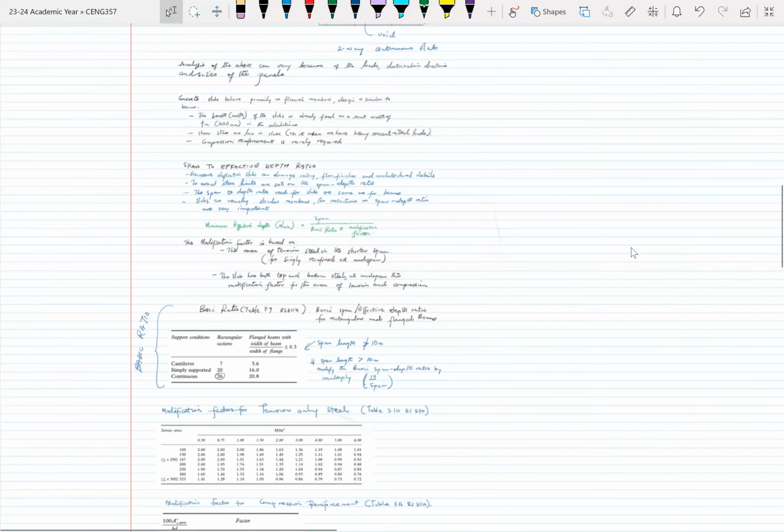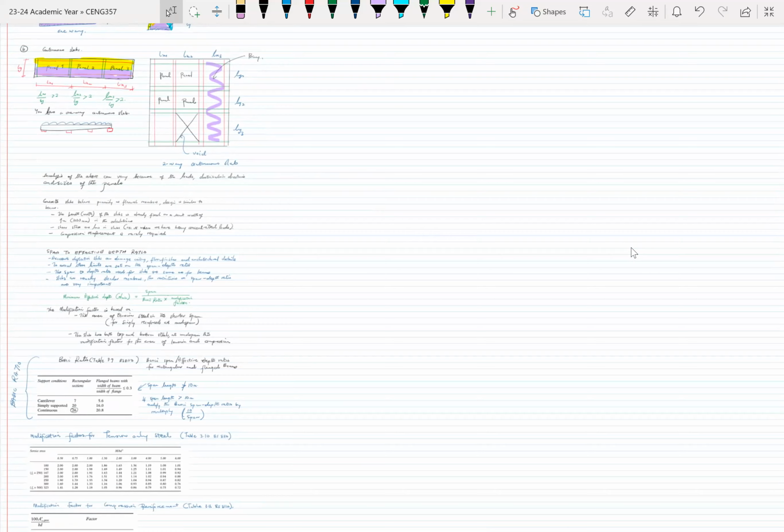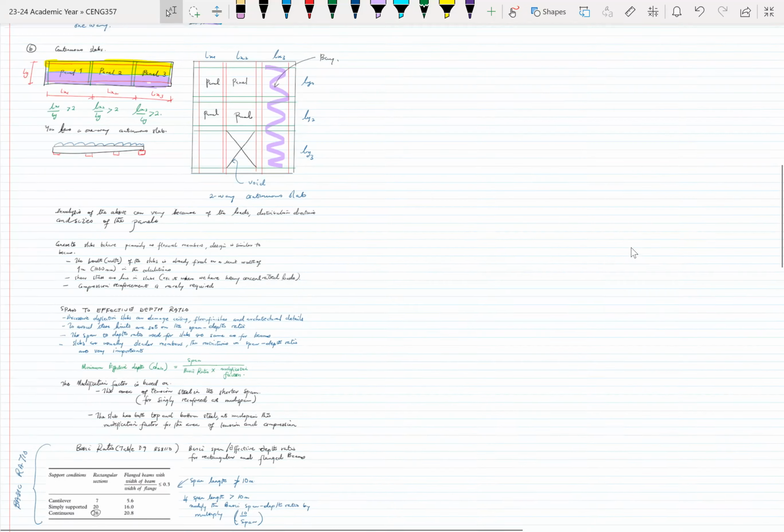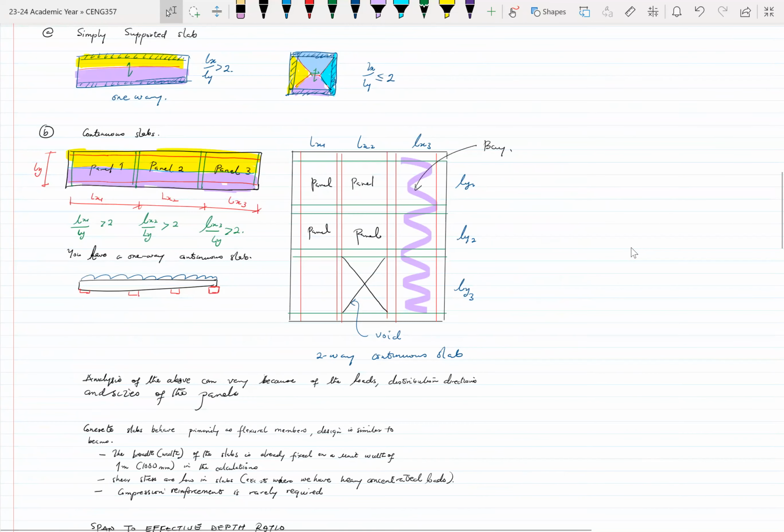All right. So I think for the better part of last week, when we started the lecture, we started looking at slabs generally, and one of the things that we were focusing on was to understand what slabs were.